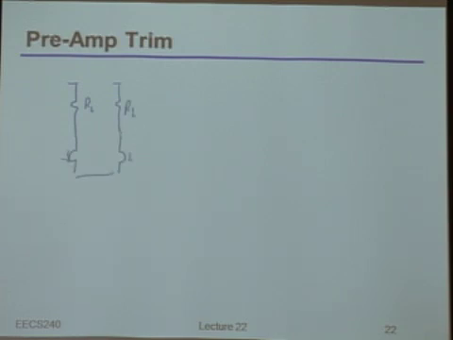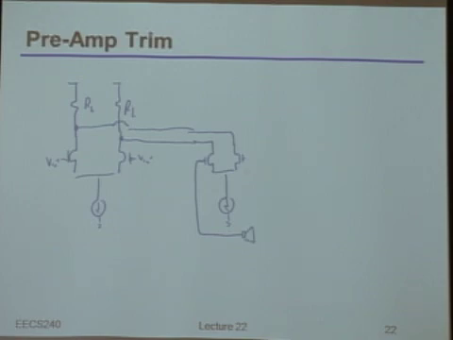So let's say this was my original preamp, with Vin plus and Vin minus here. And much like we had done with the StrongARM a second ago, what I'm going to do is just add in some extra current in order to create an offset. Now, just for the sake of simplicity, although you can do something more sophisticated than this, I'm going to assume that I'm really just going to dump that current onto one side or the other.